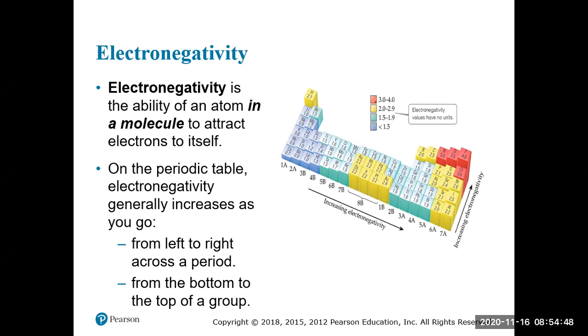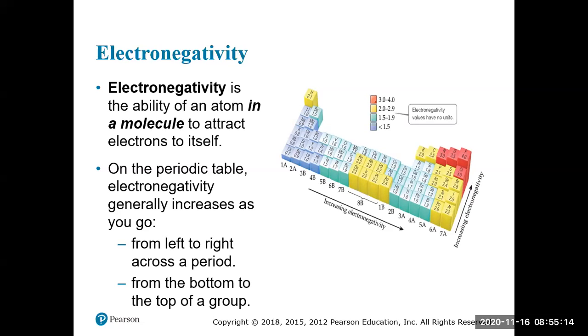So a table that you want to keep in the back of your mind and you want to be familiar with is this color-coded table that we see on this slide. This is a really important table to look at. In this presentation of the periodic table, the elements in the upper right-hand corner are the most electronegative.